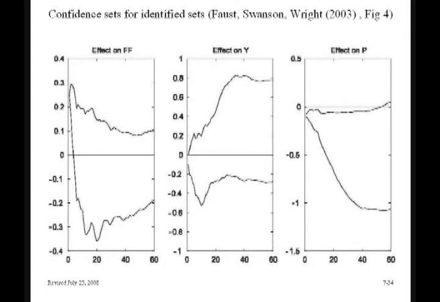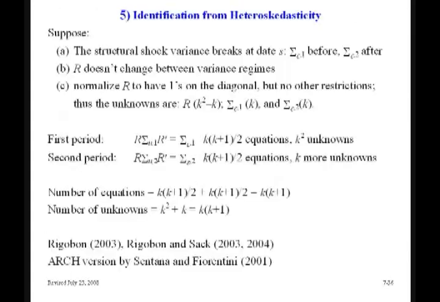Okay, identification from heteroscedasticity. This is cool. Suppose you have two regimes. Suppose that the economy got less volatile in 1984, but suppose that the structural relationships didn't change.